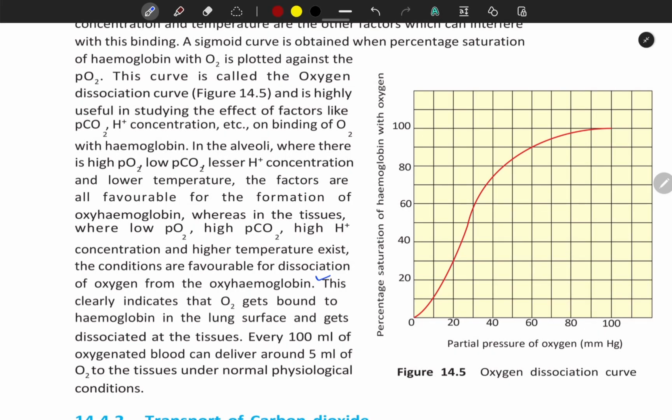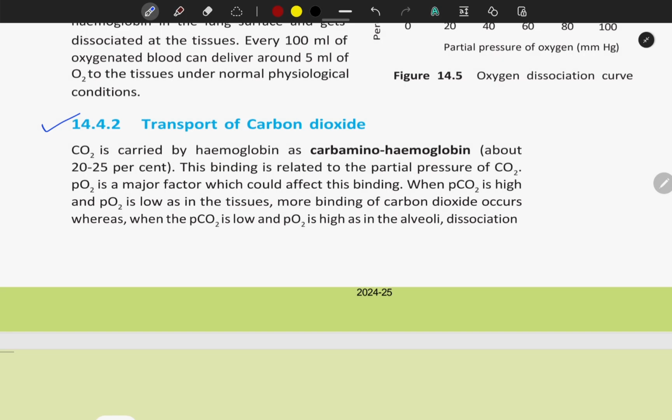This clearly indicates that O2 gets bound to hemoglobin in the lung surface and gets dissociated at the tissues. Every 100 ml of oxygenated blood can deliver around 5 ml of O2 to the tissues under normal physiological conditions.